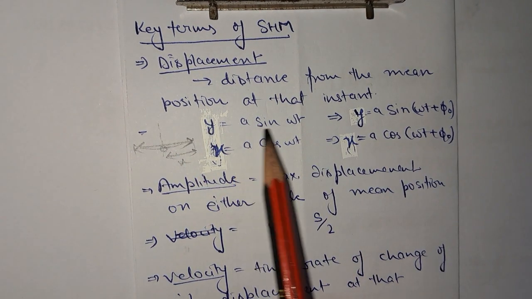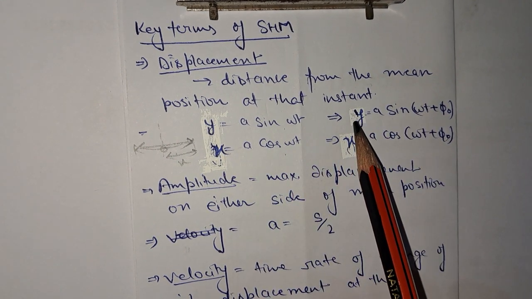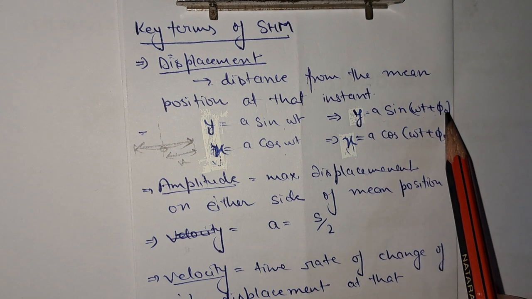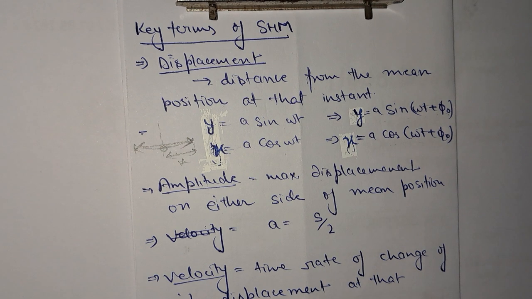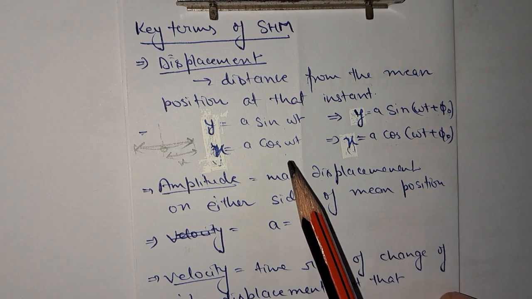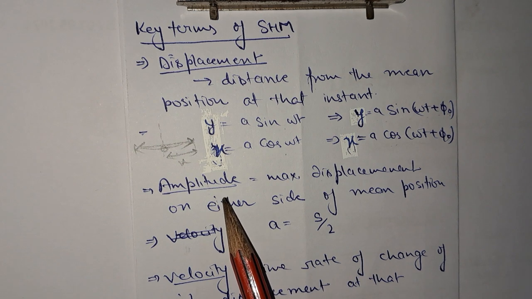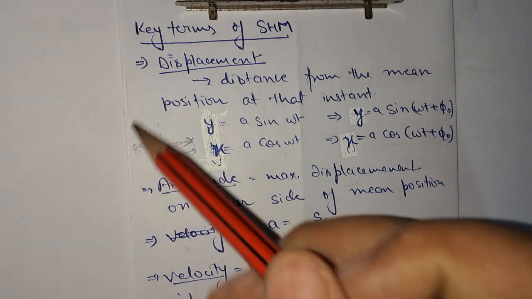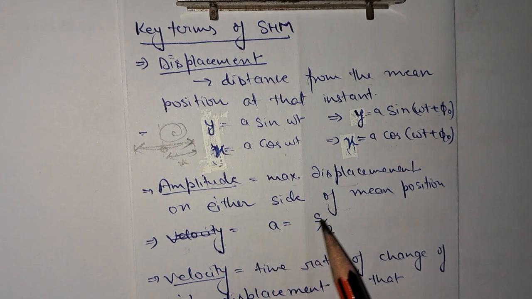So y equals a sin omega t, x equals a cos omega t. Also considering the initial phase, y could be written as a sin omega t plus phi naught, and x equals a cos omega t plus phi naught. If this is a sine wave, we can write the amplitude as the maximum displacement on either side, so this would be your amplitude also, where a equals s by 2.